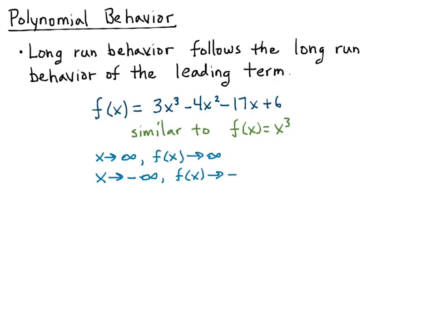Now, one of the ways that we can notate this is we're going to start using this arrow here, and the way you can read this is as x increases to infinity, f at x increases to infinity. As x decreases to negative infinity, f at x decreases to negative infinity.